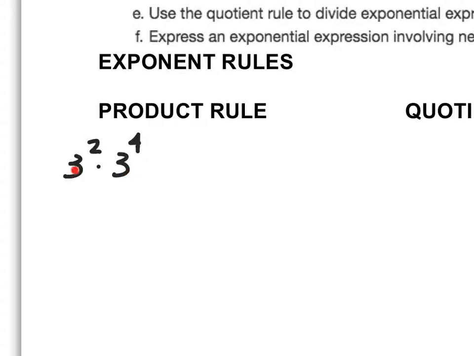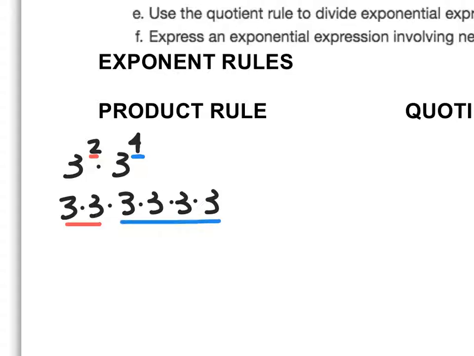If I have 3 squared, that means I'm going to do 3 times 3. And if I have 3 to the 4th, that means I'm doing 3 times 3 times 3 times 3. So my 2 is represented here, and then my 4 as an exponent is represented here.